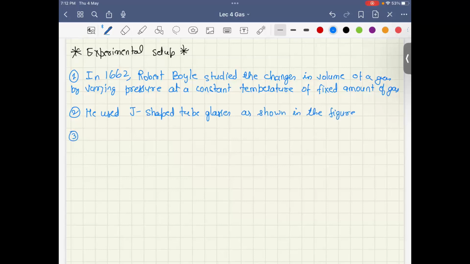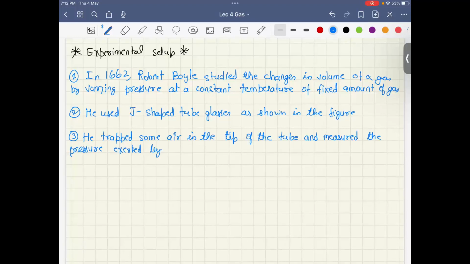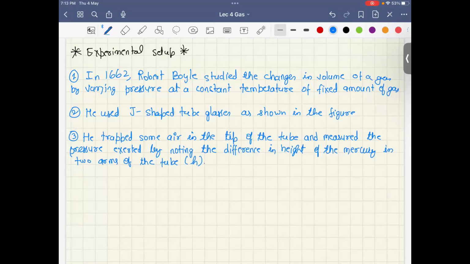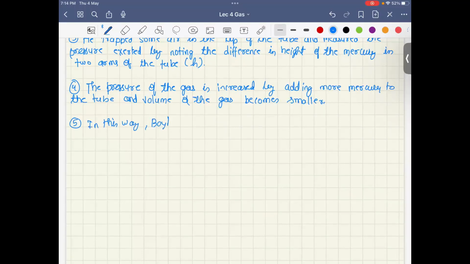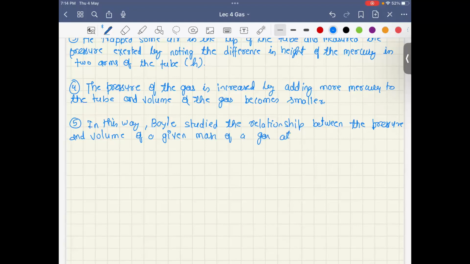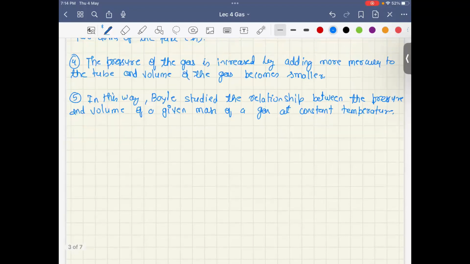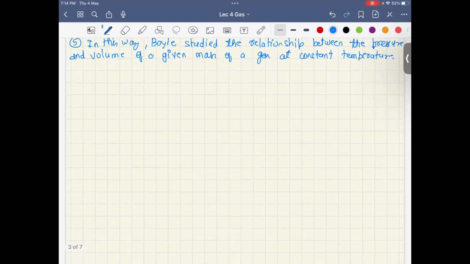He trapped some air in the tip of the tube and measured the pressure exerted by noting the difference in height of the mercury in the two arms of the tube, denoted by h. The pressure of the gas is increased by adding more mercury to the tube, and the volume of the gas becomes smaller. In this way, Robert Boyle studied the relationship between the pressure and volume of a given mass of gas at constant temperature. The relationship which he obtained is known as Boyle's law.